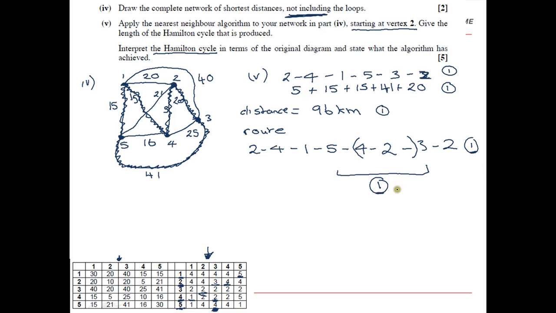And the final part says state what the algorithm has achieved. And what the algorithm has achieved is an upper bound for the travelling salesperson. So we use the nearest neighbour as a method for finding an upper bound for the travelling salesman or salesperson problem. And if you said that, that would be fine. All done.